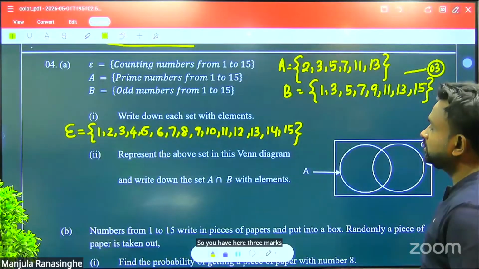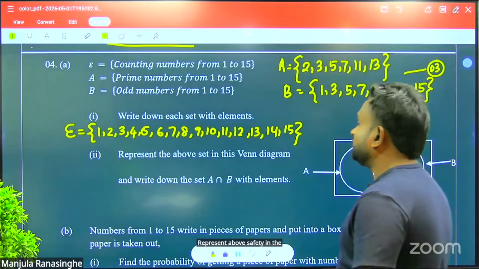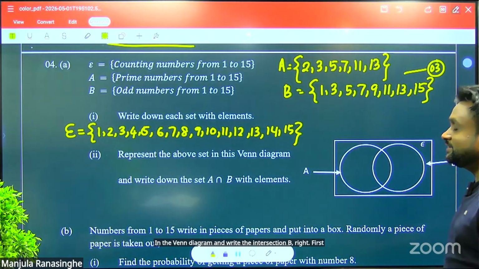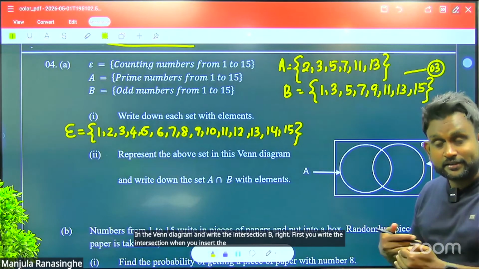Represent the above sets in a Venn diagram and write A intersection B. Right, first you write the intersection when you insert the data into a Venn diagram.